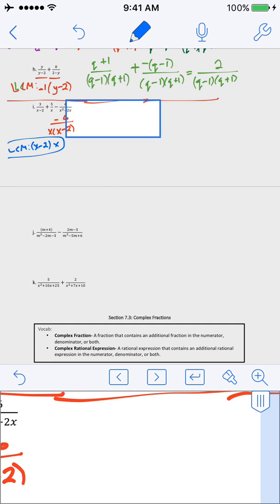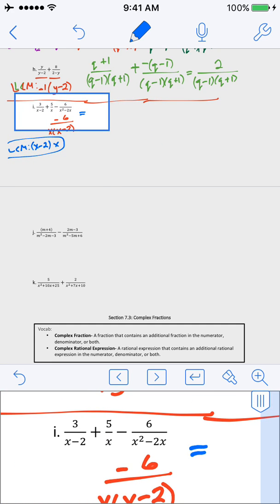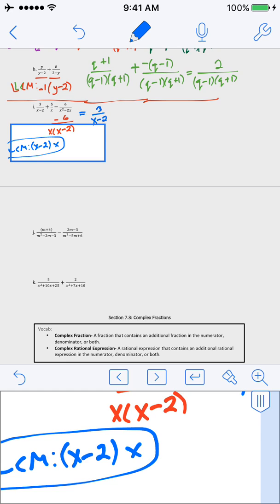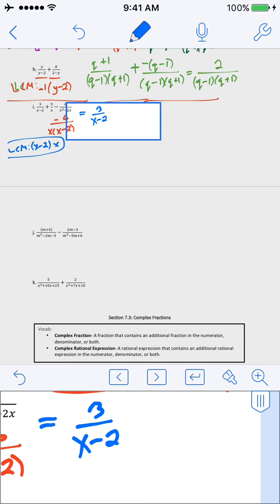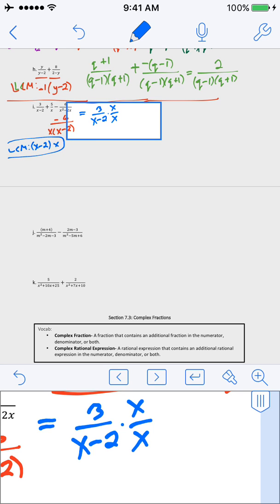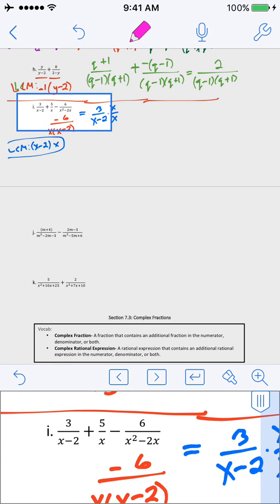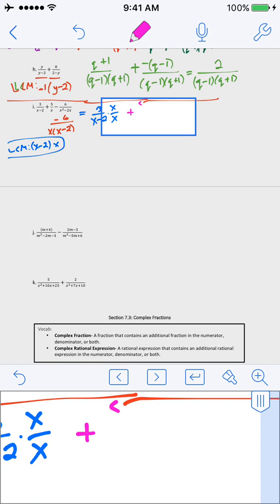Alrighty, so then let's rewrite this. The first term here, 3 over x minus 2. If I needed that to get to x minus 2 times x on the bottom, then I'm going to need to multiply by what's missing, an x. X over x. I'm going to do these all at the same time. The next one, I have plus a 5 over x.